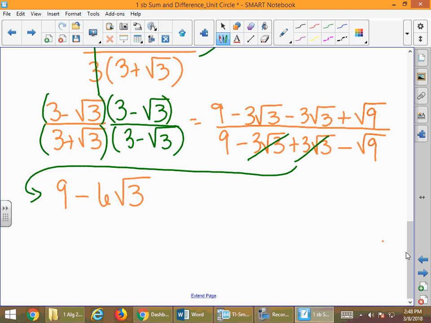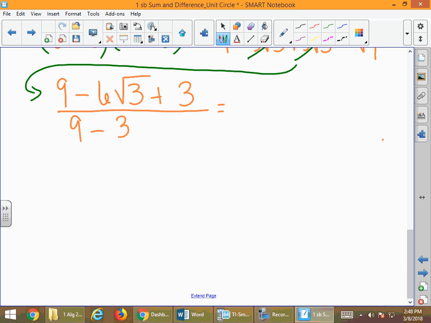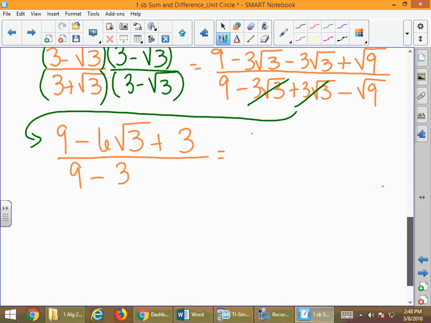And over here then it's plus the square root of 9, which is the same thing as plus 3. In the denominator, we've got 9 minus the square root of 9, which is 9 minus 3. So we're getting closer now. If we simplify up here in the numerator, we've got 12 minus 6 radical 3 divided by 9 minus 3, which is 6.